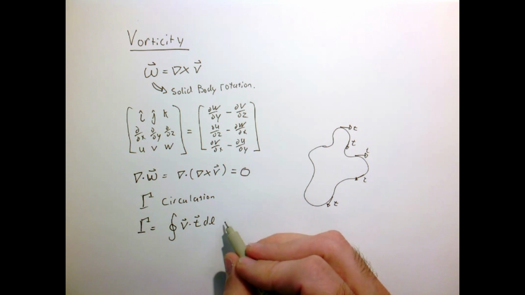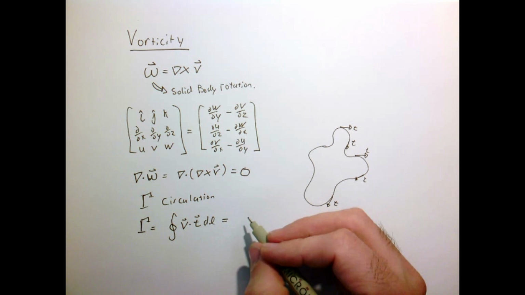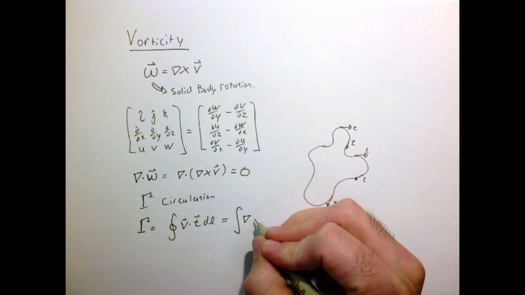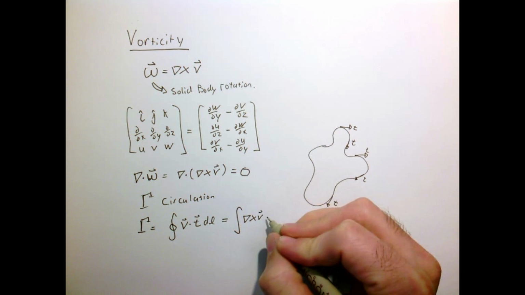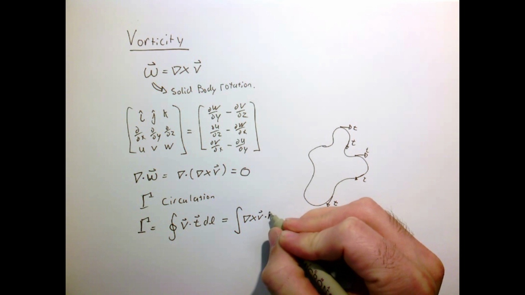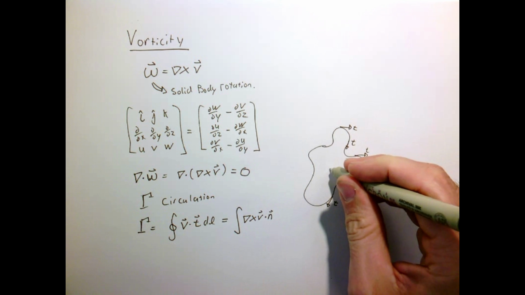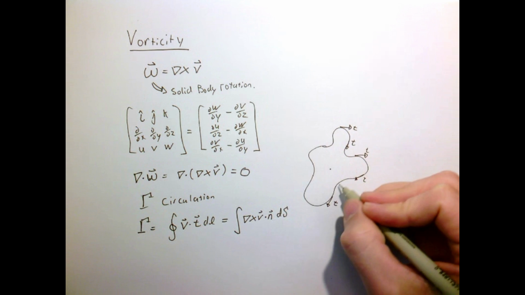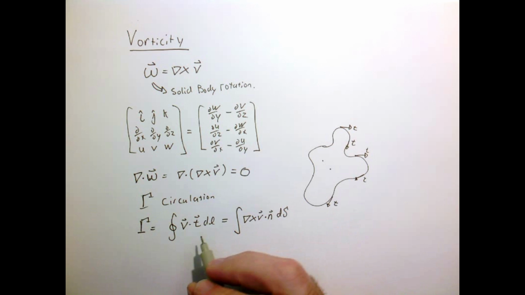And in vector calculus, there's another theorem. I won't prove it right now, but maybe we'll do it later. If I take the curl of the velocity, dotted with the normal vector, this would be a surface integral or an area integral over the region enclosed by our loop.